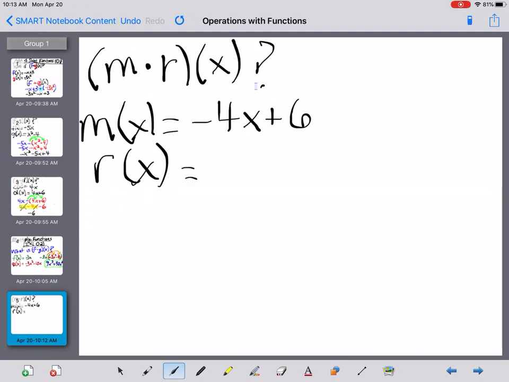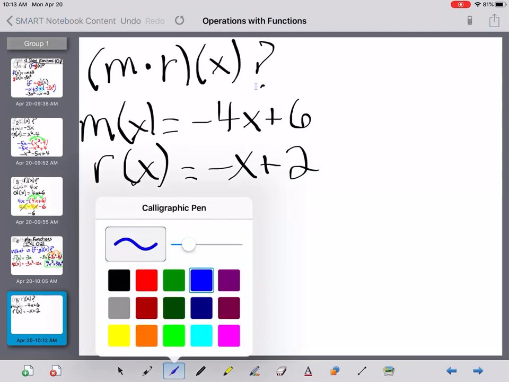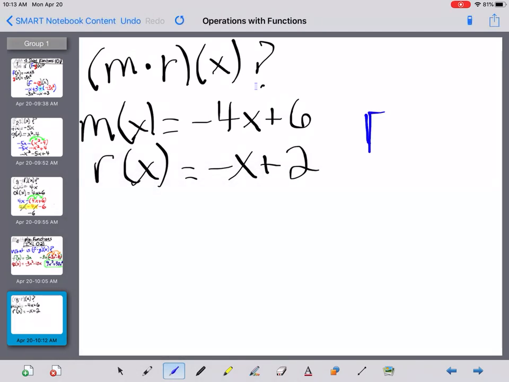And r of x is equal to negative x plus 2. Okay, so this time we're doing a binomial times a binomial. So I bet you remember what it is. You're going to be using good old FOIL.